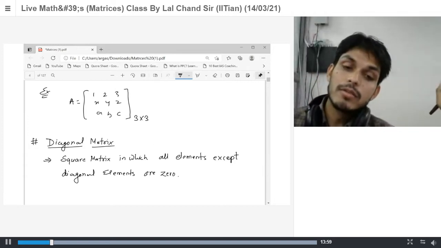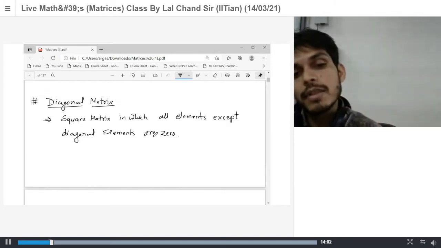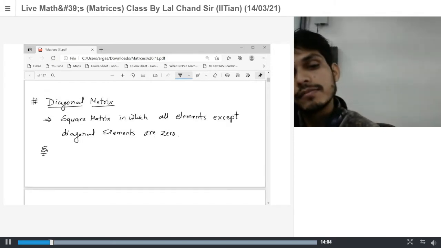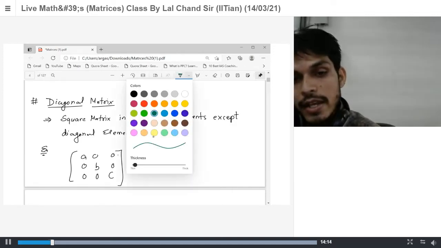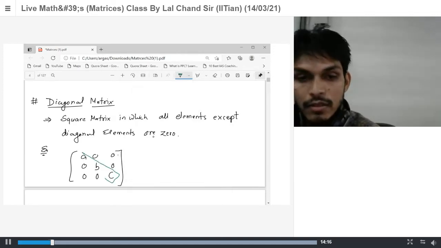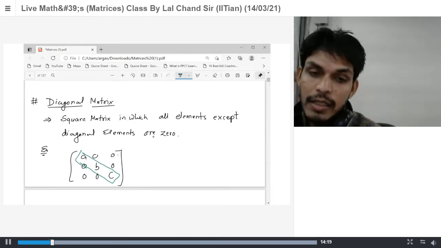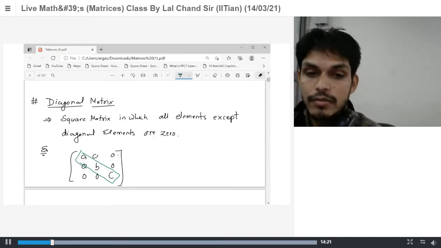Okay. So an example of a diagonal matrix will be A, B, C on the diagonal and 0 elsewhere. So we have this as the leading diagonal. All other elements other than the leading diagonal will be 0.